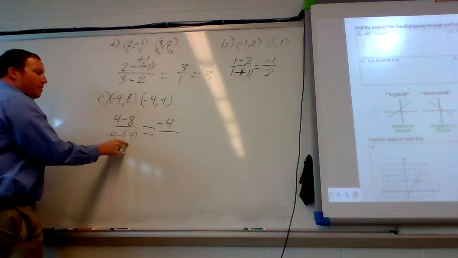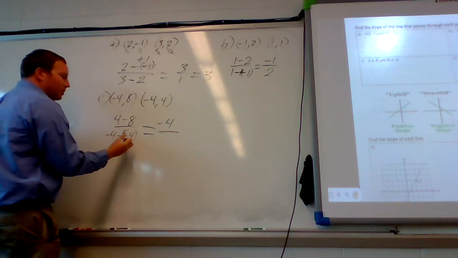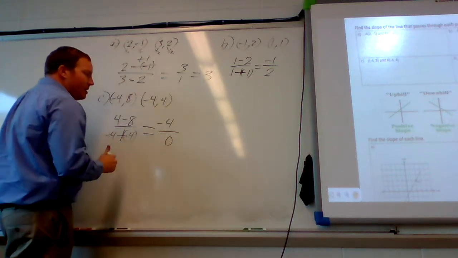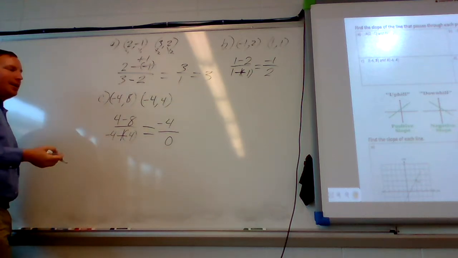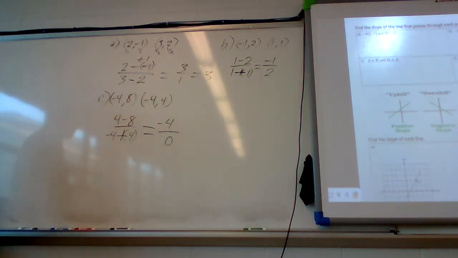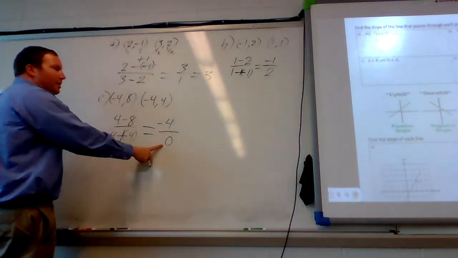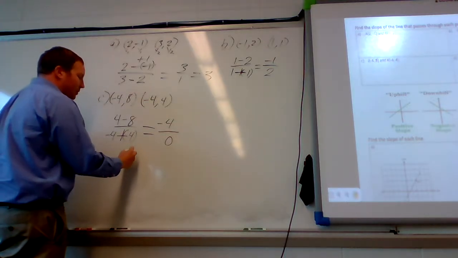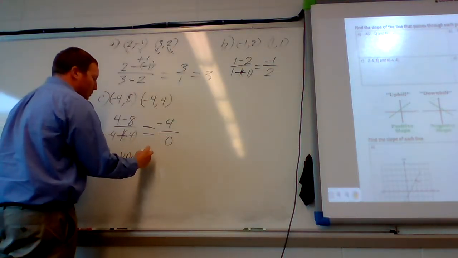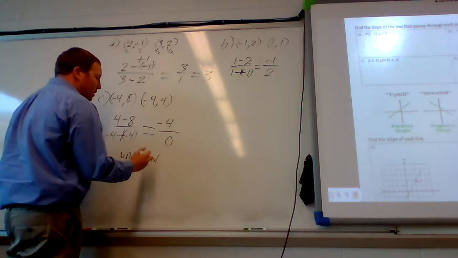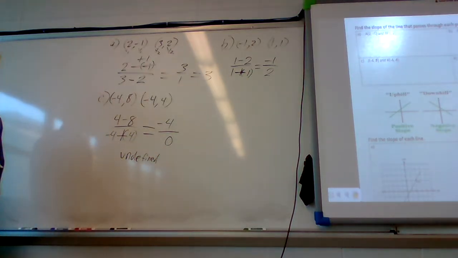Negative 4 minus a negative 4, or plus 4, is 0. And we cannot divide by 0. Okay, that's just one of the math rules. Can't divide by 0. That is our undefined line. Okay. Our slope is undefined. So the answer is undefined.